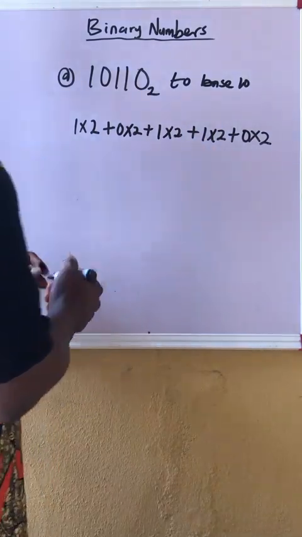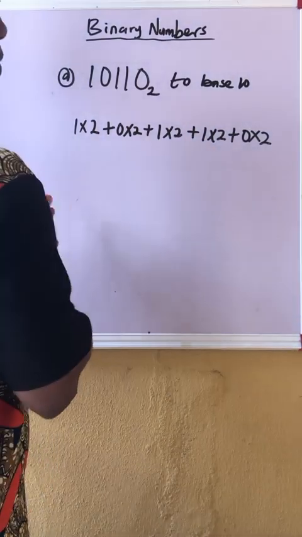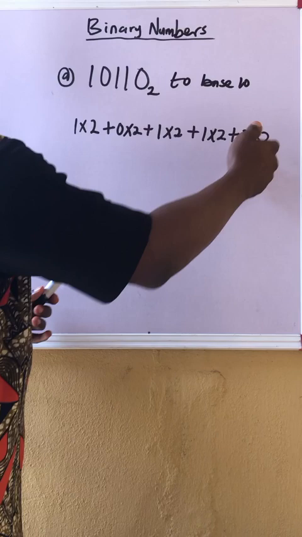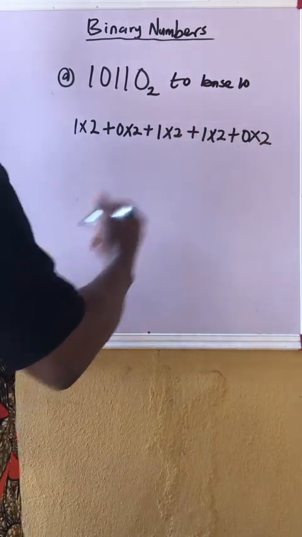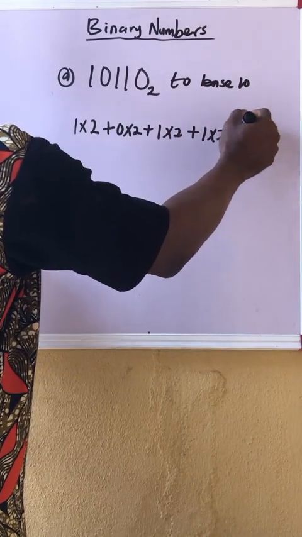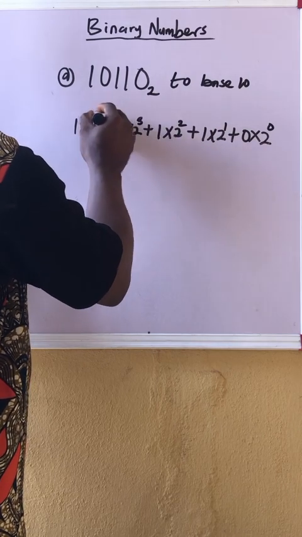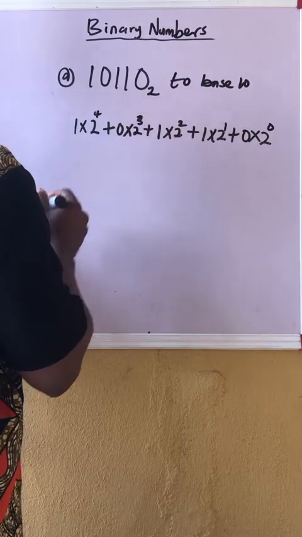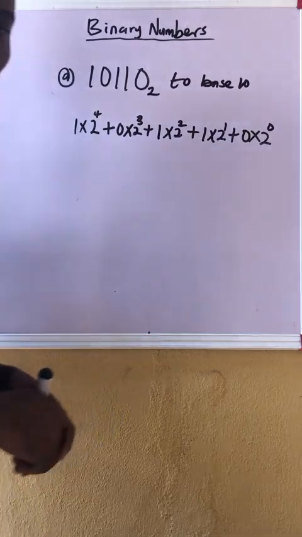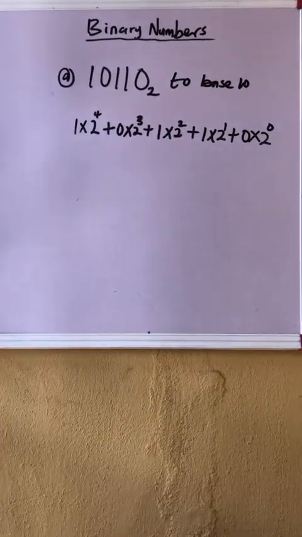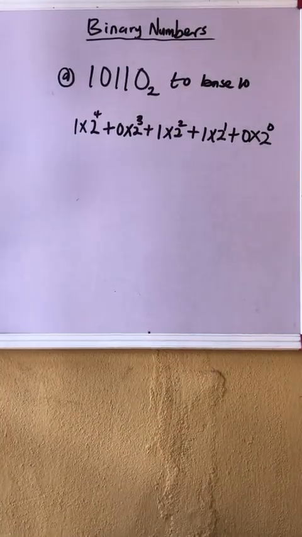Are you following? Remember, when you are dealing with binaries, our power will start from here, which is 0, 1, 2, 3, and 4. Now, this is what we have on the board.